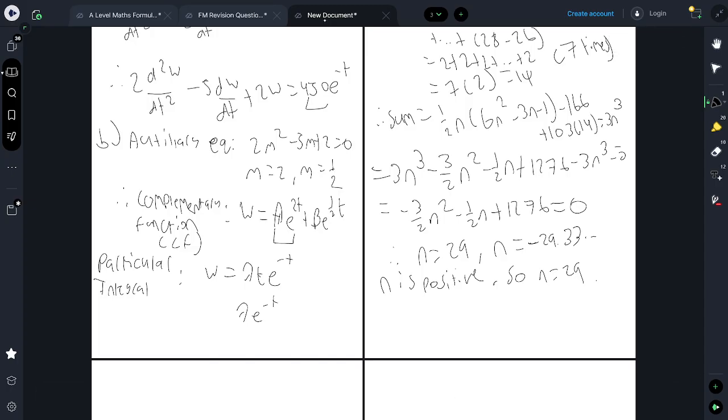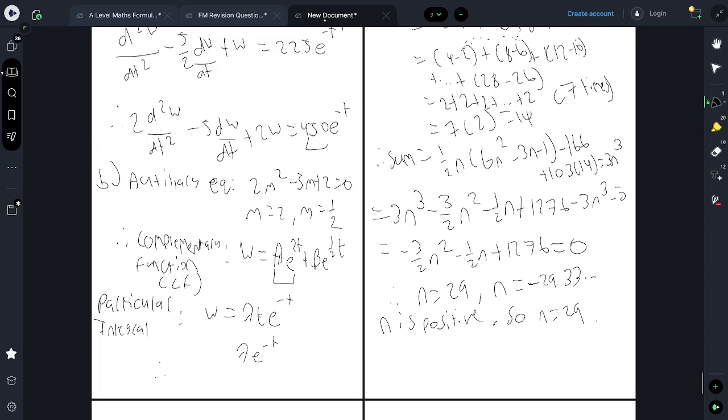That means W is equal to this, remember? So we need to substitute W into this equation and then compare to e to the minus t here. That's why we need it to be different, because if it was the same as the complementary function, you just get it equal to 0. That's not what we want here. We want it equal to e to the minus t. So when we are comparing, it needs to be distinct to the complementary.